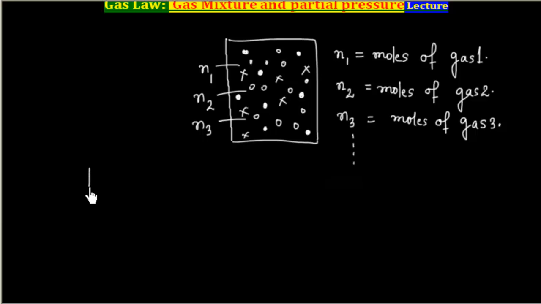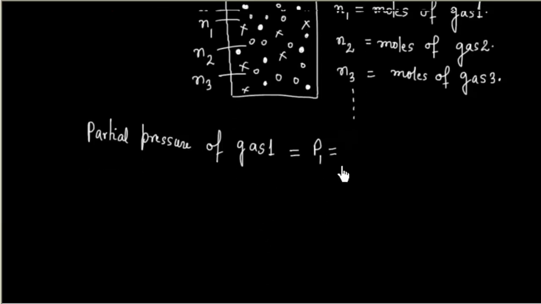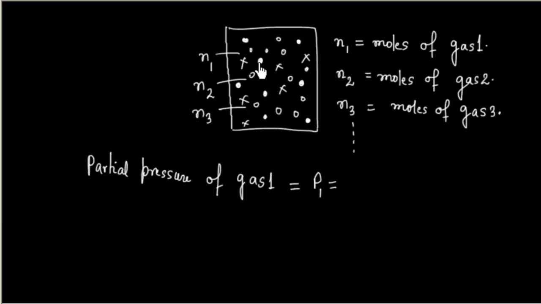We can define partial pressure, let us say partial pressure of gas 1, and in short it is written as P1, and the meaning is pressure due to gas 1. So let us say if I have this vessel, all molecules are colliding with the wall and separately this type of molecule is exerting a different kind of pressure, this molecule is applying a different pressure.